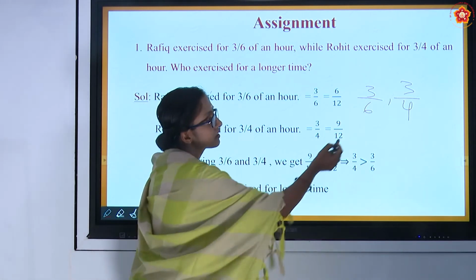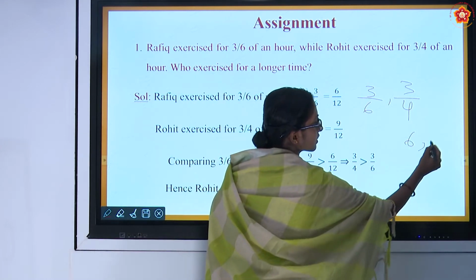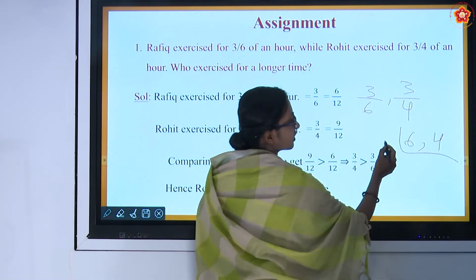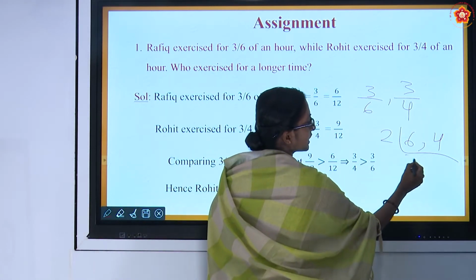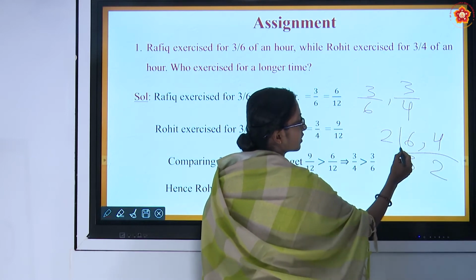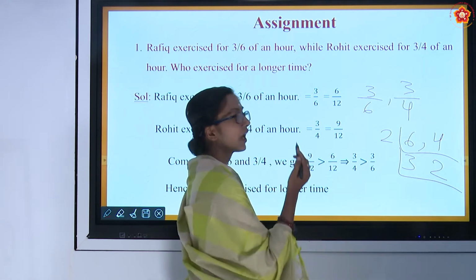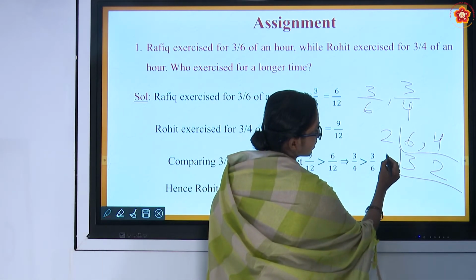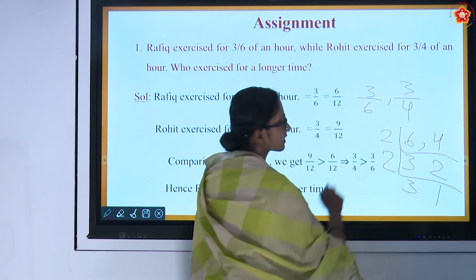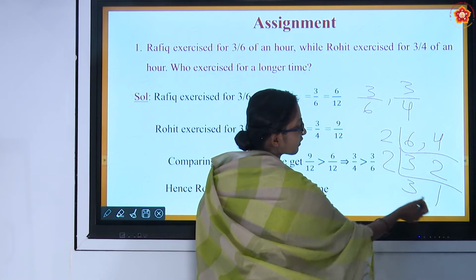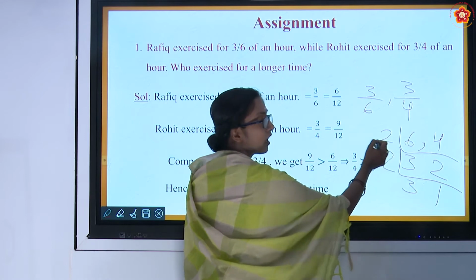Same denominator means we are going to take the LCM of 6 and 4. Dividing 6 and 4 by 2: 3 and 2. Dividing by 2 again: 3 and 1. Dividing by 3: 1 and 1. We need to bring it to the simplest form, that is 1. Now let's multiply: 2 times 2 times 3 is 12.